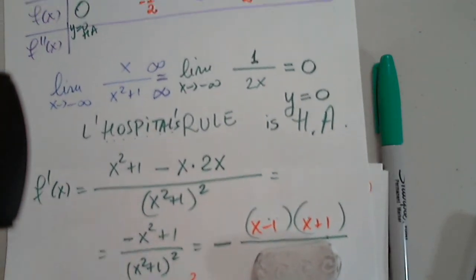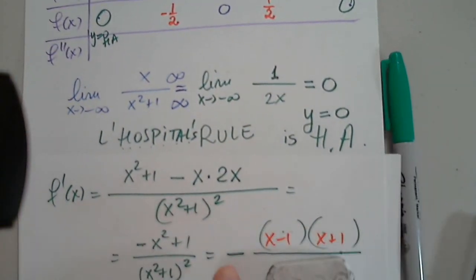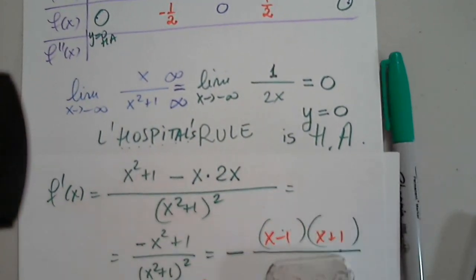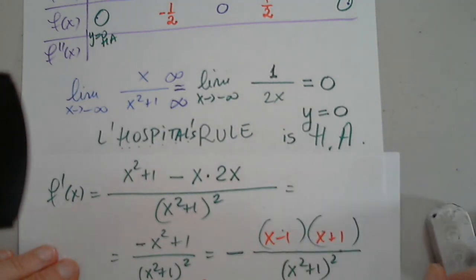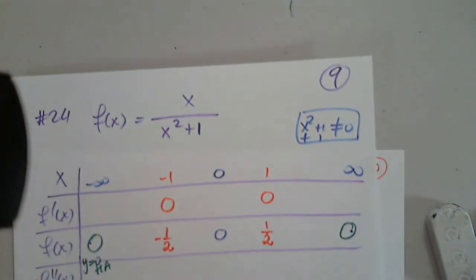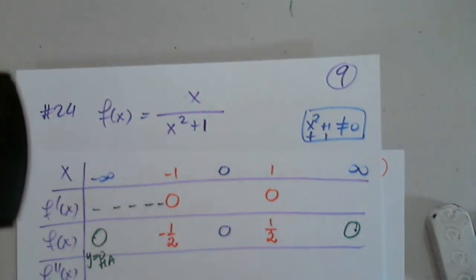Good. So now let's plug in negative 10. Just tell me the sign with negative 10 in here. Don't calculate anything, just think. Negative, negative, negative. Negative. Awesome.